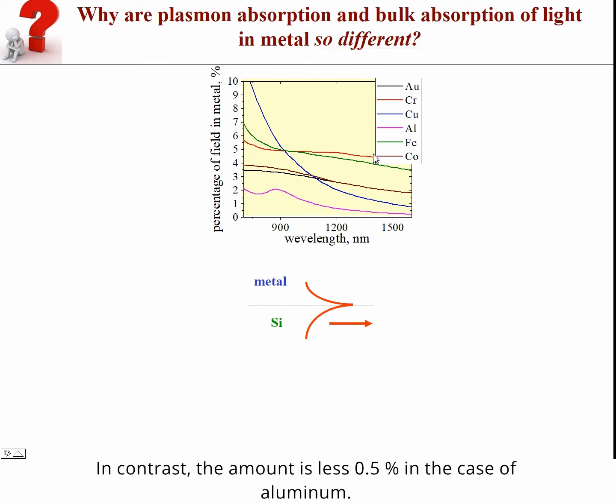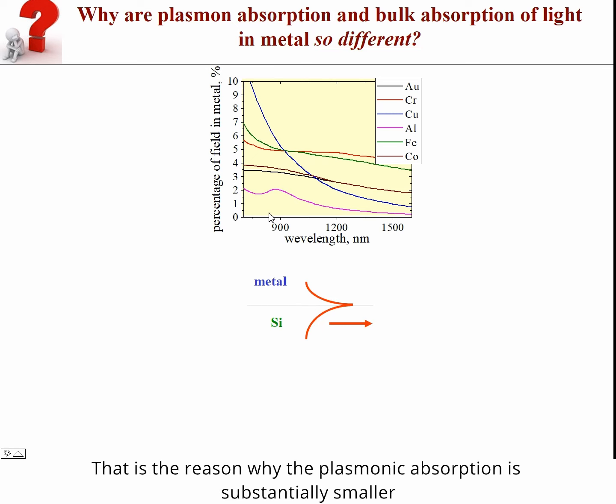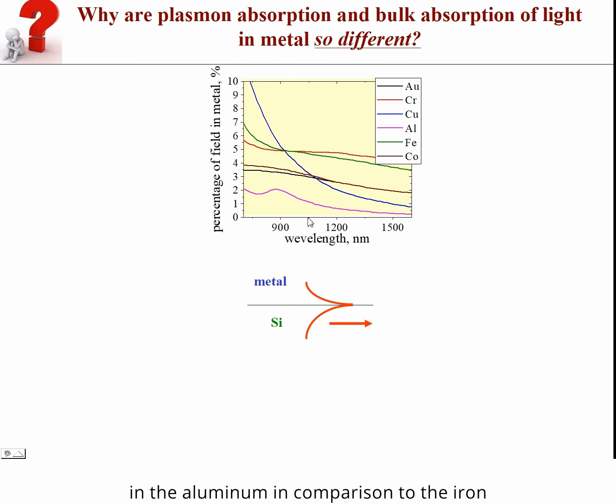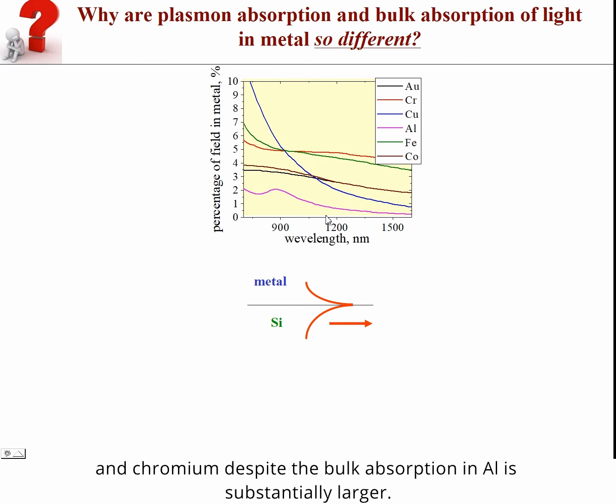In contrast, the amount is less than 0.5% in the case of aluminum. That is the reason why the plasmonic absorption is substantially smaller in aluminum in comparison to iron and chromium, despite the bulk absorption in aluminum being substantially larger.